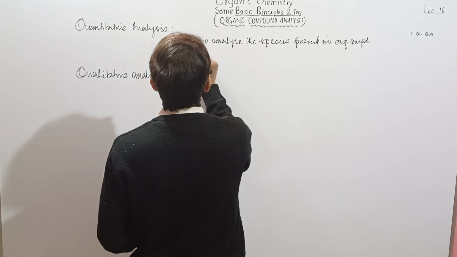So it is sometimes required to find out the nitrogen, sulfur, oxygen, halogen and phosphorus in the organic compound. And the presence of these in the organic compound, with the help of a lot of tests, is dealt with in the quantitative analysis. And when this species is present in quantity, its amount in gram, then that is called qualitative analysis.